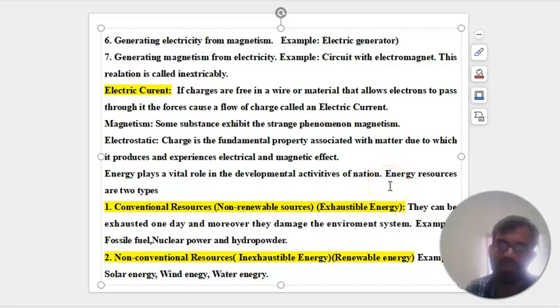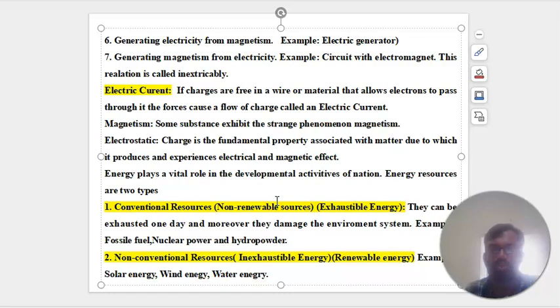Energy resources are of two types: conventional resources and non-conventional resources. Conventional resources means non-renewable and exhaustible resources, which can be exhausted one day or moreover damage the environmental system. Examples: fossil fuels, nuclear power and hydropower. Non-conventional resources means inexhaustible or renewable energy. Examples: solar energy, wind energy and water energy.